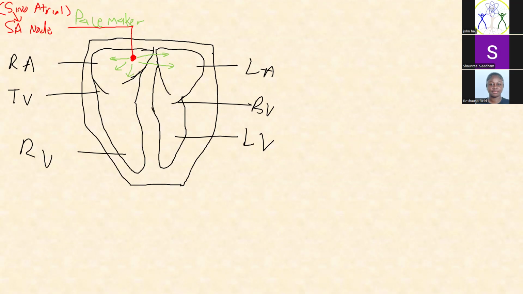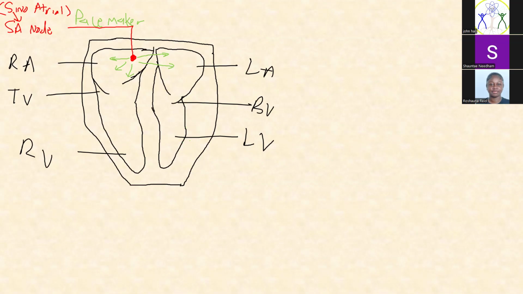Right? Now, as the impulse spreads, it causes the heart muscle to depolarize. And as you know from muscle contraction in ANP1, depolarization leads to muscle contracting. So as the heart muscle in the atria depolarizes, it contracts.